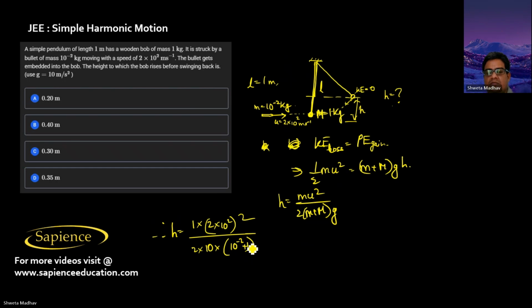This will be 4 into 10 power 4 divided by 20 into 1.01. This is, you can say, 40 into 10 power 3. It's approximately 2 into 10 power 3.